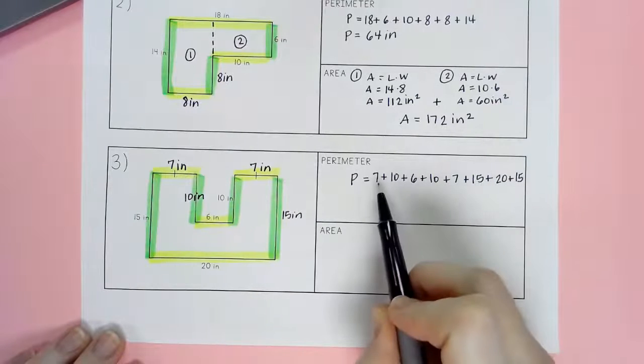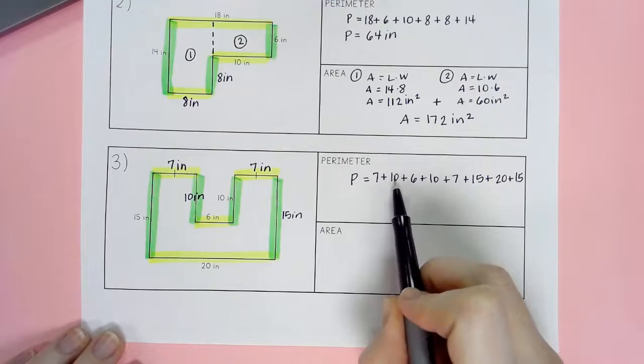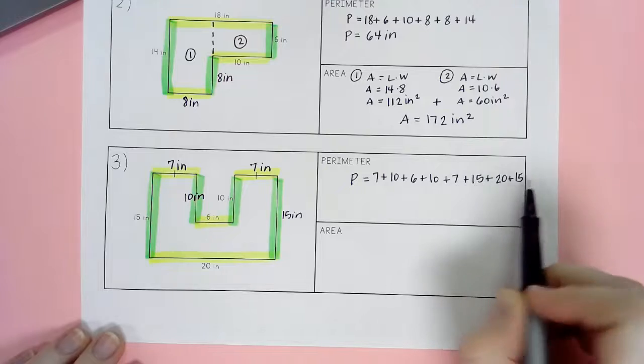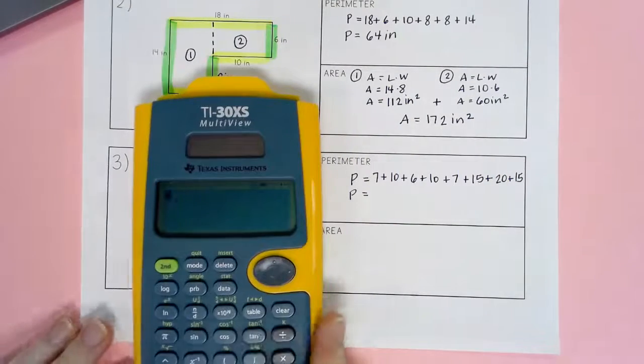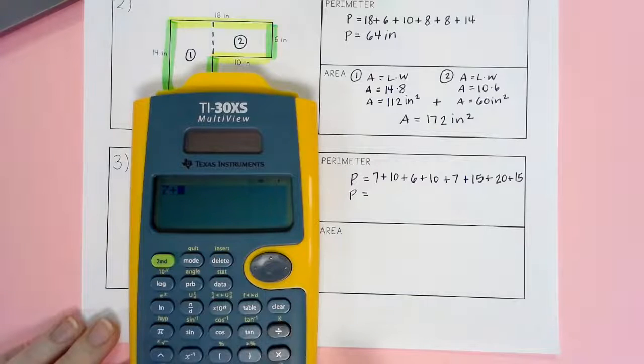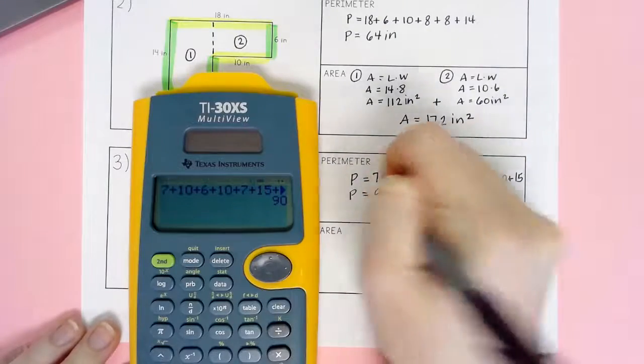And I'm going to look here and I have 1, 2, 3, 4, 5, 6, 7, 8. I'm good. So I'm going to add all these up. 7 plus 10 plus 6, 10, 7, 15, 20, and 15. And I get P is equal to 90 inches.